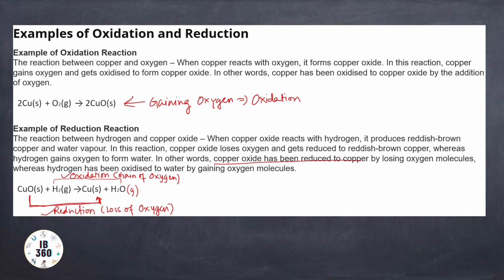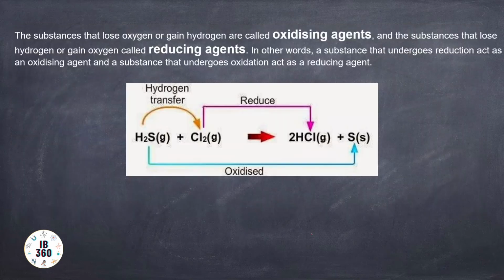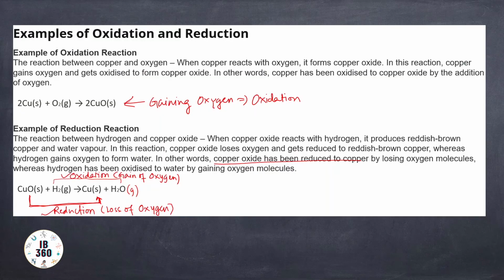In real life also there are many processes, like rusting, which is an example of oxidation. Then rancidity, then corrosion. Outside the biological system, all these processes are examples of redox reactions.